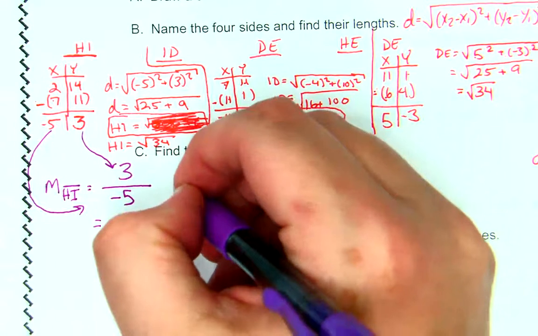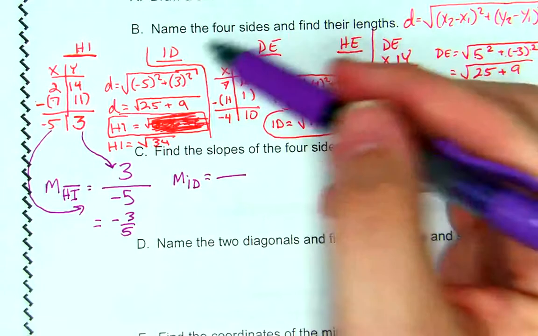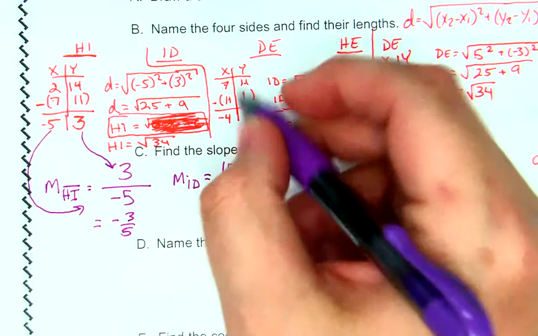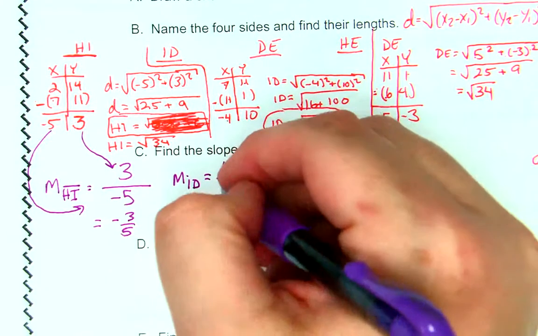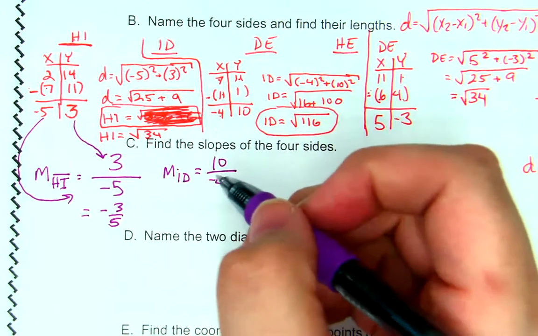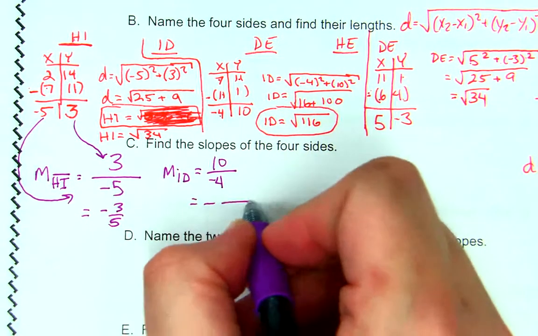Now, what's the slope of ID? We're going to take the change in y, which is 10, over negative 4. If you want to simplify it, you can. Put the negative out front.